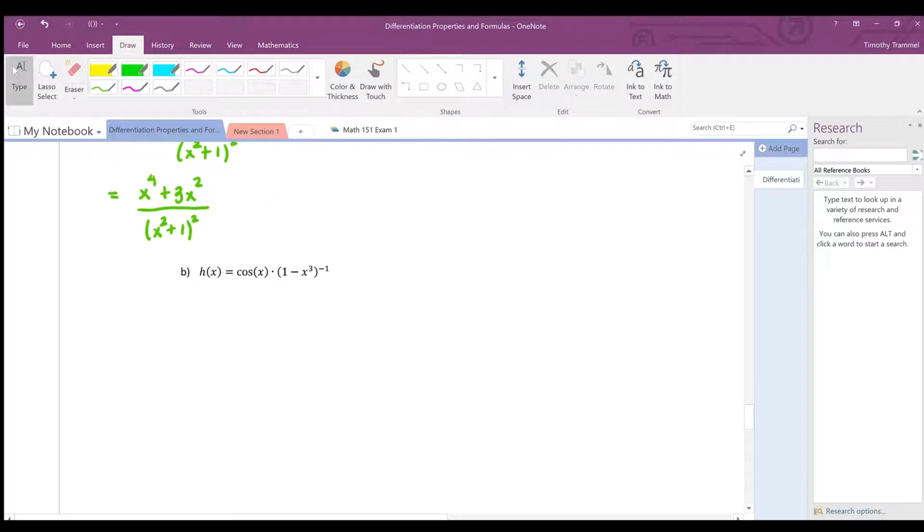So this one here actually looks like a product rule question. You have a product of functions and we want to find the derivative. There's one little issue, and it is this right here.